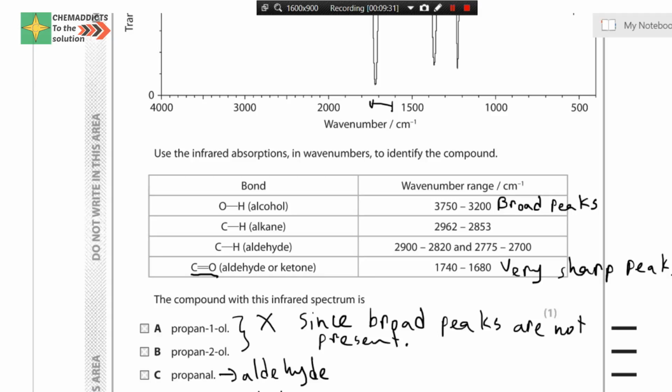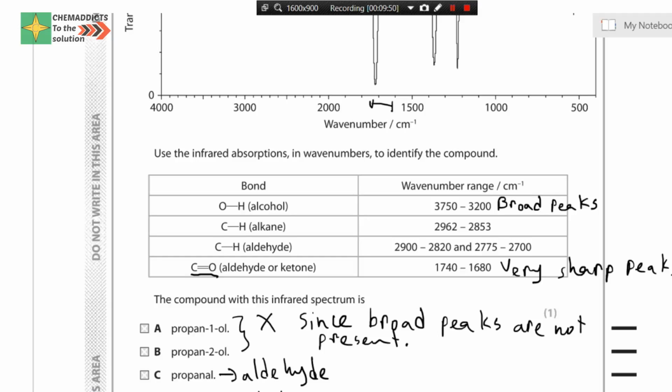This particular carbon oxygen bond of aldehyde or ketone gives very sharp peaks at around this range. So we are in a state of confusion whether this or this should be the answer.